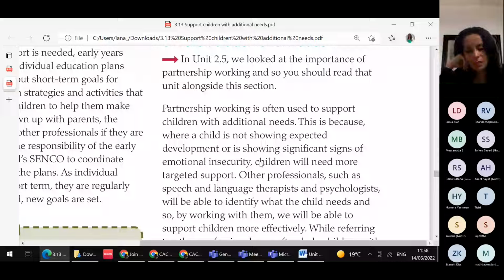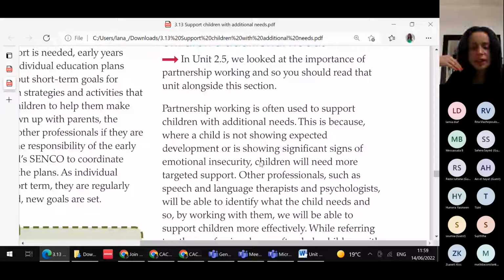So we need to look at the signs of emotional insecurity in the child. Look at spot targets. We support the child if they are not learning or progressing well. We look at their language.